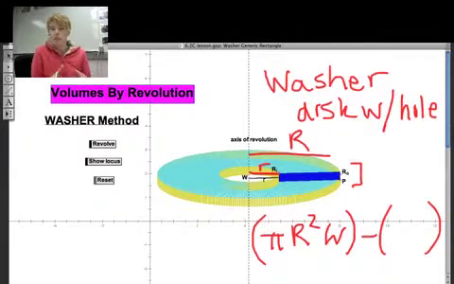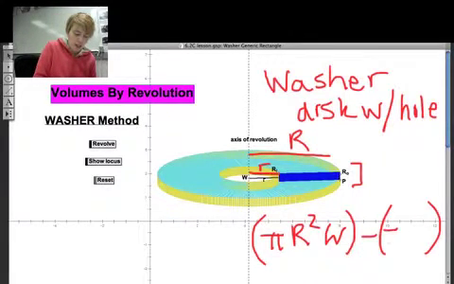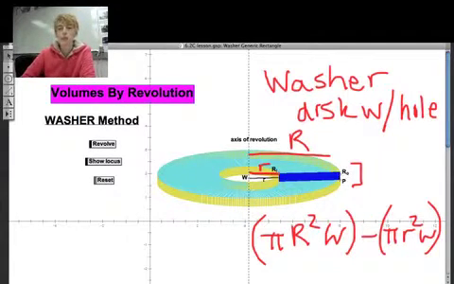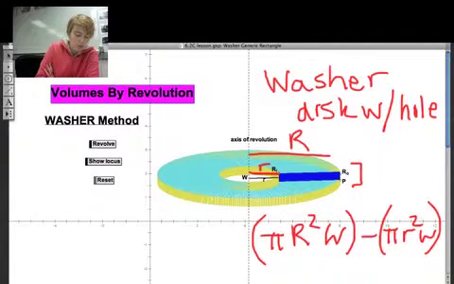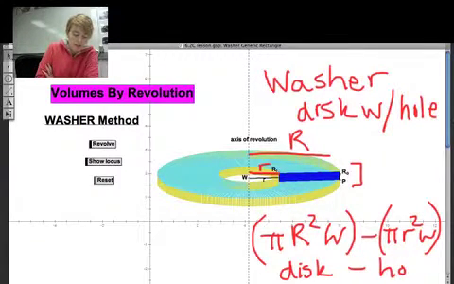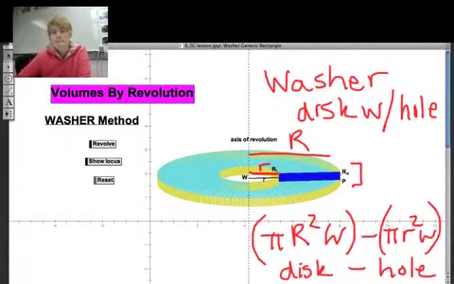Well, the volume of the hole is the same exact formula. It's pi r squared, but with that little radius. So pi little radius squared times the thickness. So this is the whole disk minus the hole in the center is basically what's going on here.